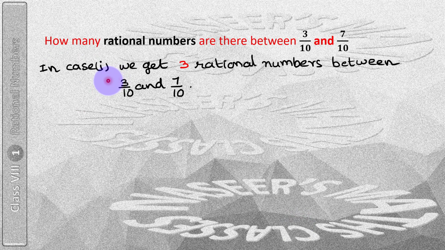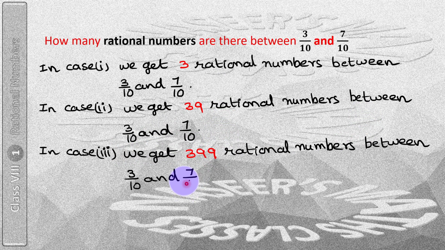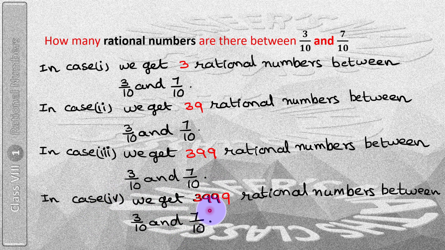From the above situations, in the first example we get three rational numbers between 3 by 10 and 7 by 10. In the second situation we get 39 rational numbers, in the third situation we get 399 rational numbers, and in the fourth situation we get 3999 rational numbers between 3 by 10 and 7 by 10.